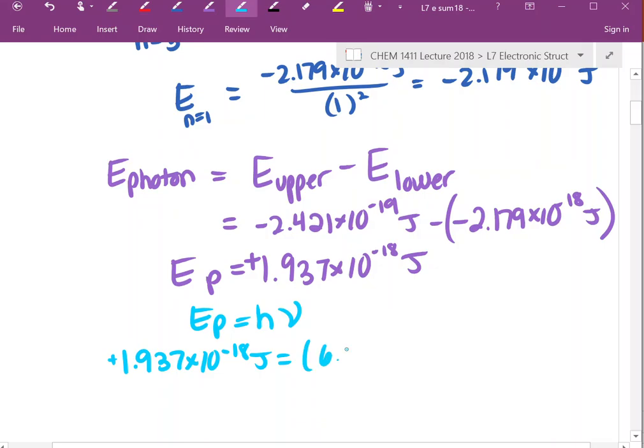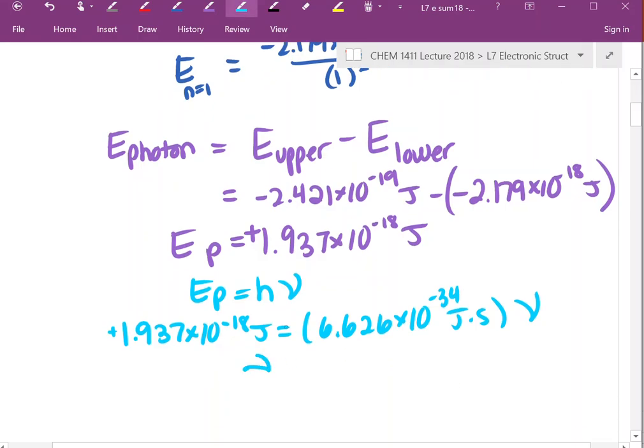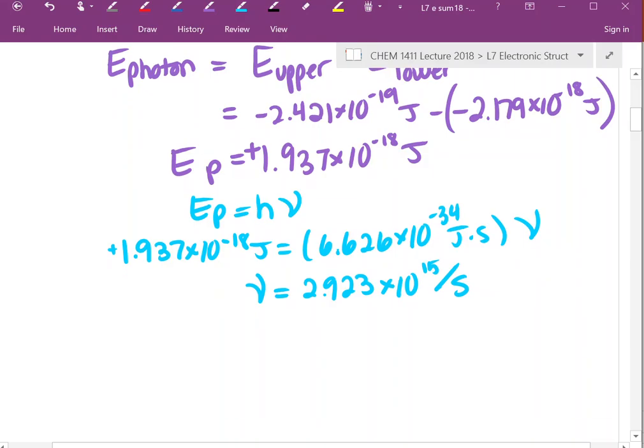Okay, next step, plugging in Planck's constant and solving for frequency. We can plug in our constant for the speed of light.